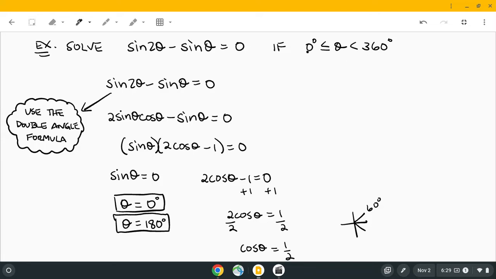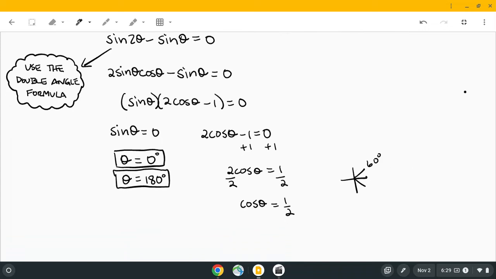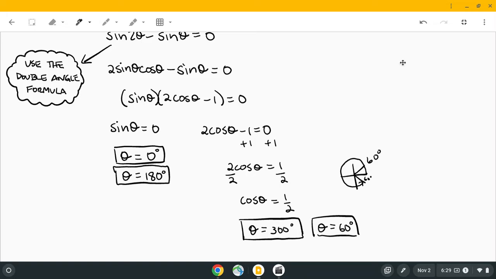The smallest theta can be is 0. So we can't have negative, right? It has to be not this itty bitty angle, but this angle that goes all the way around like this that has a reference angle of 60. So that would be 300 degrees. And then the other one, 60. The easy one.